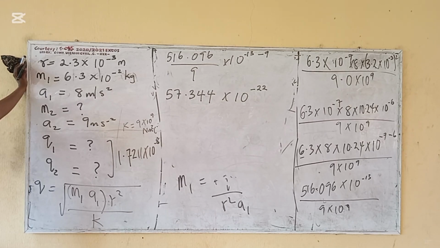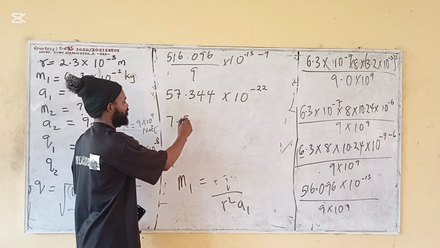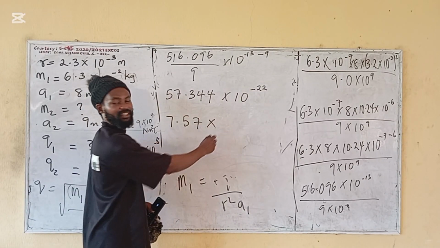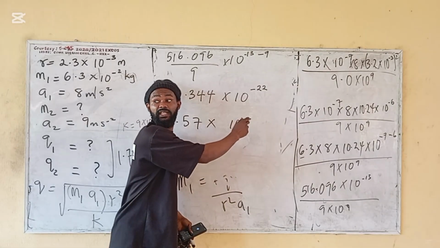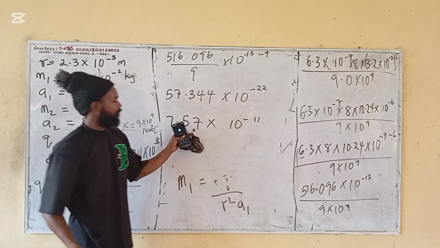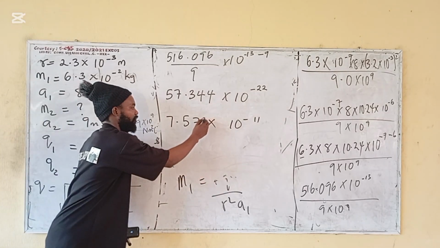I've done it and it's not tallying with what you have. Minus 6. 11. Okay. 7.573. Okay.